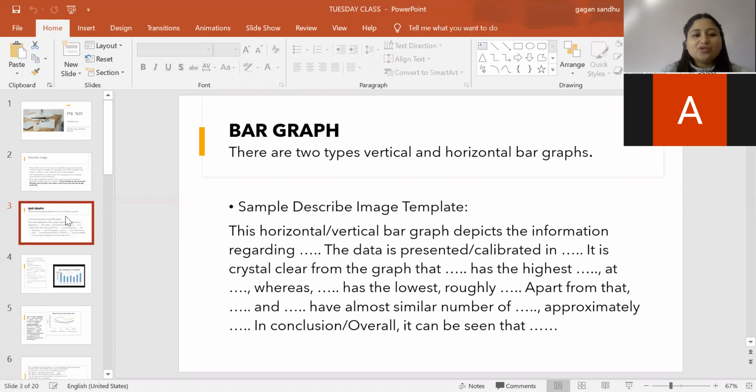And second, you are not exceeding the given time limit, that is 40 seconds. So you should not be exceeding the time limit, right? I hope it is understandable to everyone why it's important to speak for 35 or 36 seconds only, right?